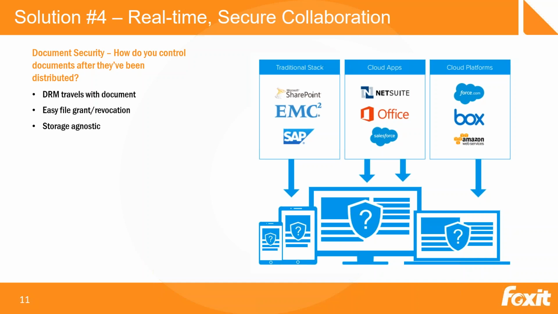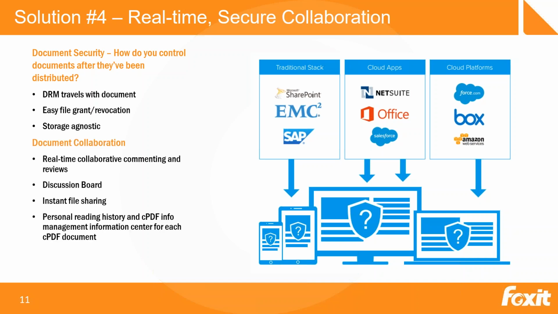You might have cloud applications, or you might have other cloud platforms such as Box and Dropbox. And the problem is, once those files get sent around and out of those protected environments, then what? Right. So that's when you need the DRM that travels with the files. And it's basically storage agnostic, so it doesn't matter where your file is stored, we can track it.